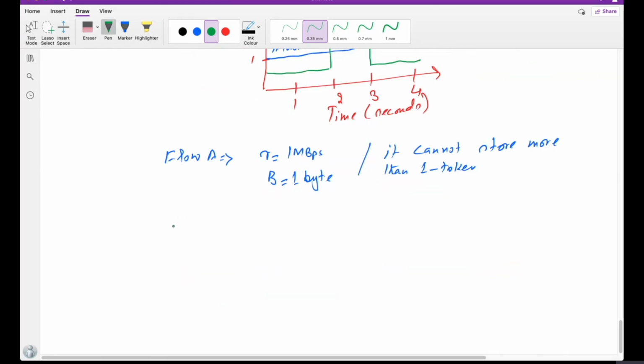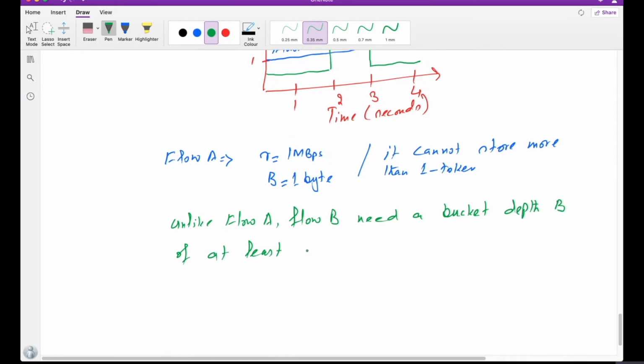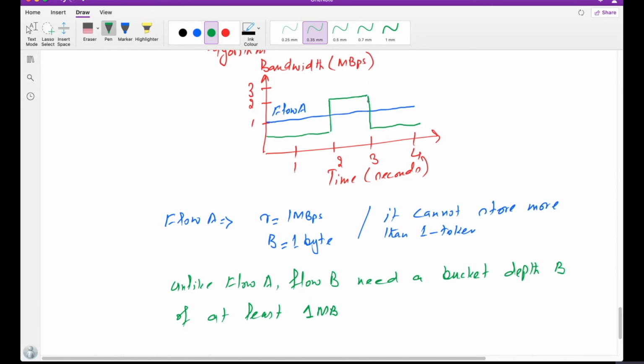But this means that unlike flow A, flow B needs a bucket depth B of at least 1 megabyte. Only then will we be able to send data at 2 megabytes per second for 1 second from 2 to 3.